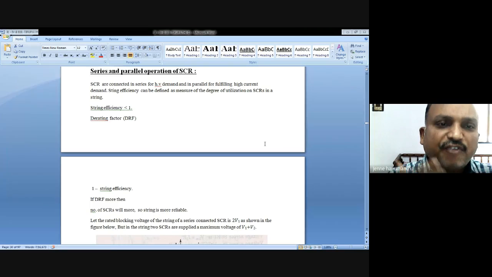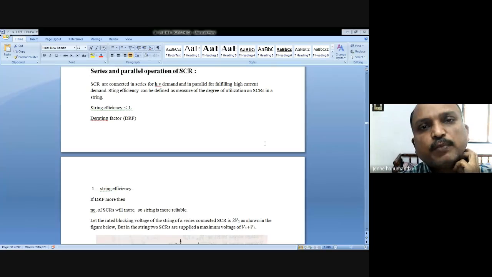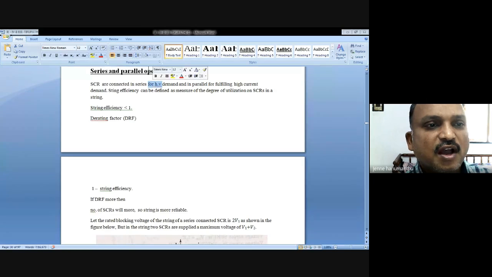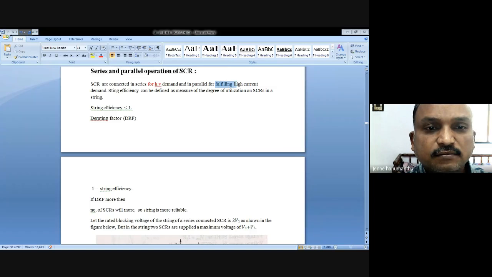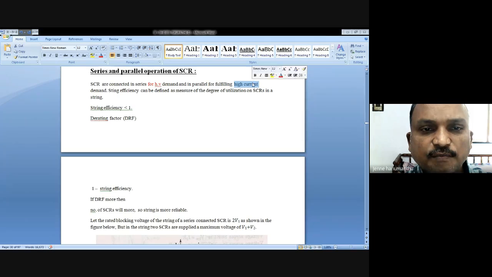Suppose from the SCR I get a certain voltage drop, but I want a higher voltage drop. HV refers to high voltage demand. I want high voltage with this SCR, or otherwise, I want high current.